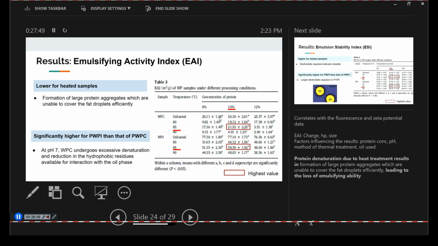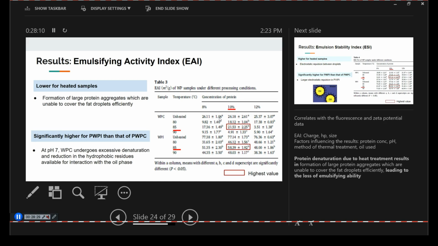WPC has a higher concentration of alpha-lactalbumin relative to beta-lactoglobulin than WPI. WPI has a higher concentration of beta-lactoglobulin. I'm trying to think how they got to that.